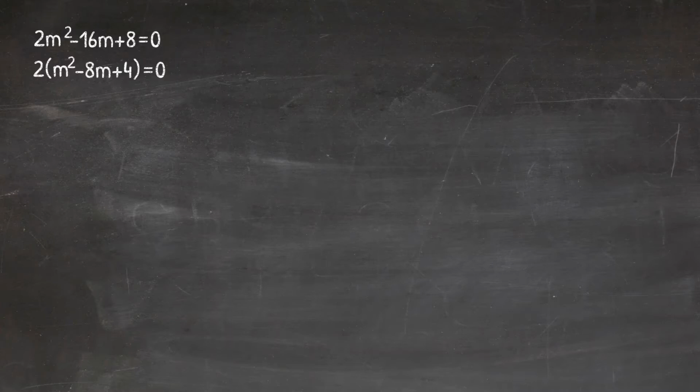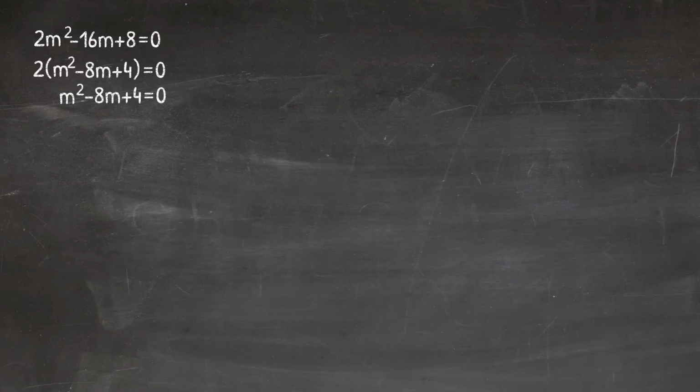Considering that 2 times our trinomial inside the brackets equals 0, it means that the quadratic expression inside the brackets, m squared minus 8m plus 4, also equals 0.